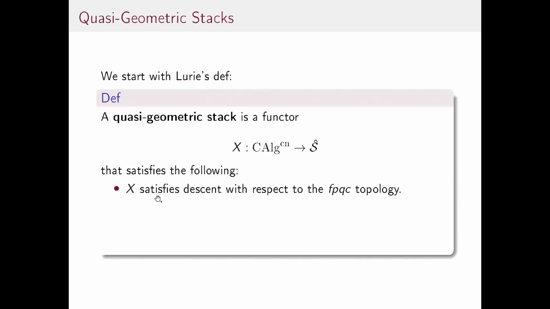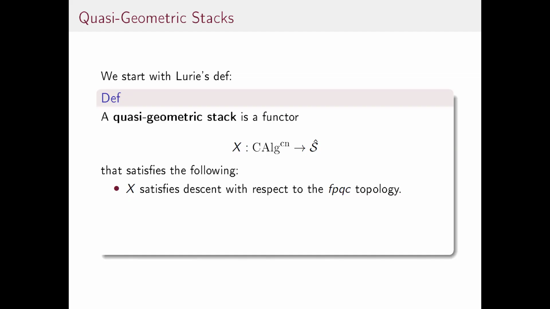It satisfies the following: X satisfies descent with respect to the fpqc topology. If you don't remember, it is short for fidèlement plat et quasi-compact. That means it is a kind of open-cover topology where this map.